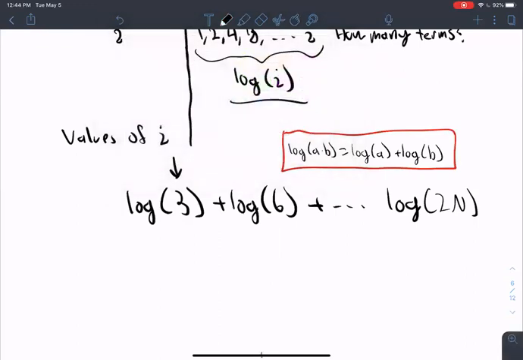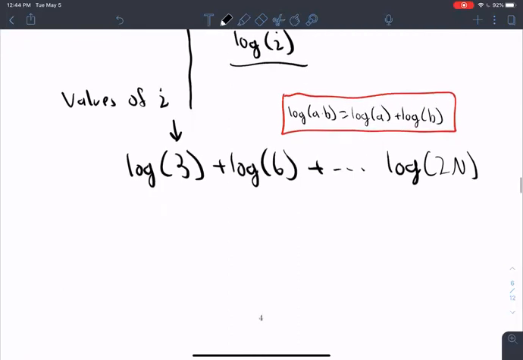Basically, the hardest part about this particular problem is simplifying the sum, and it's not super difficult. But I think last semester we had a problem like this, and this is how I would do it.